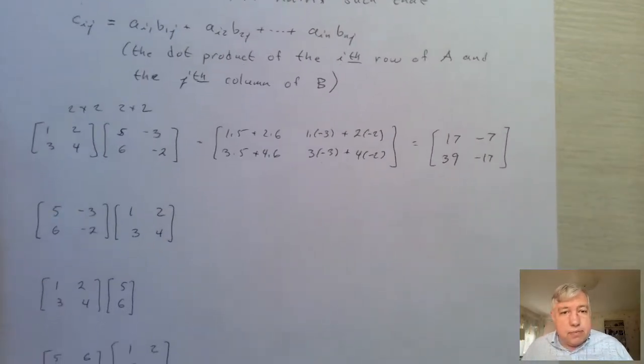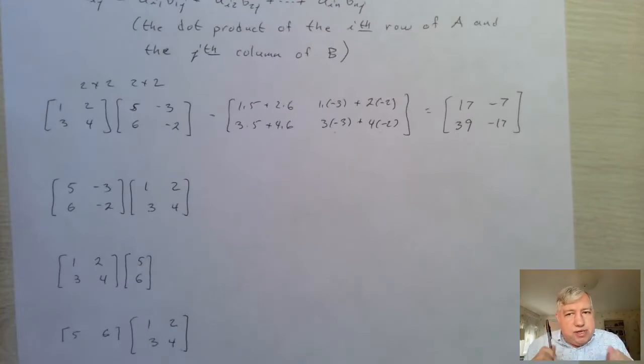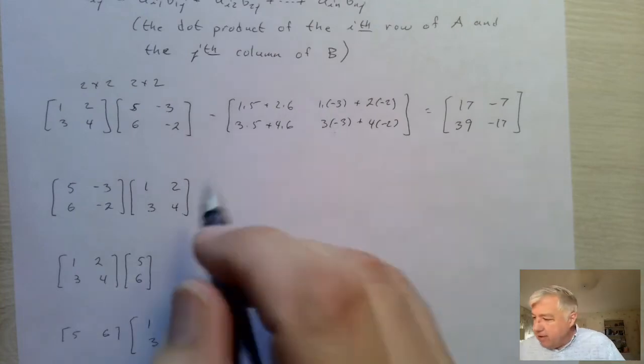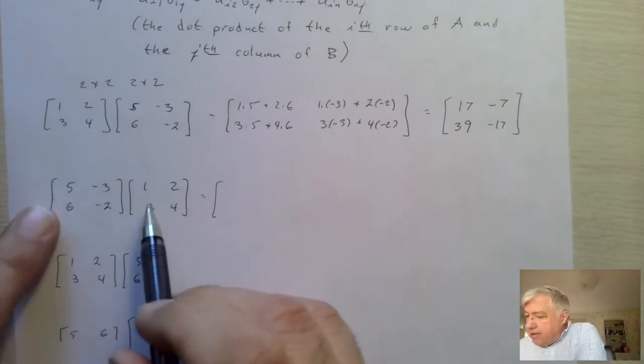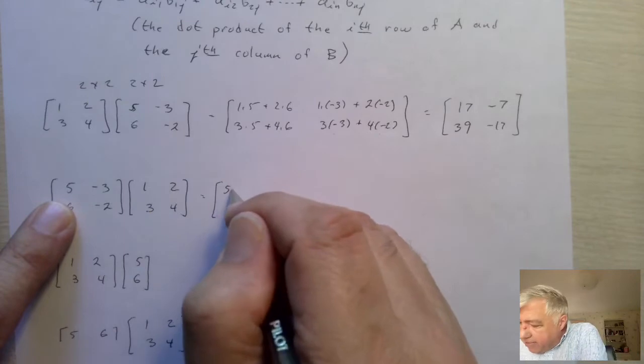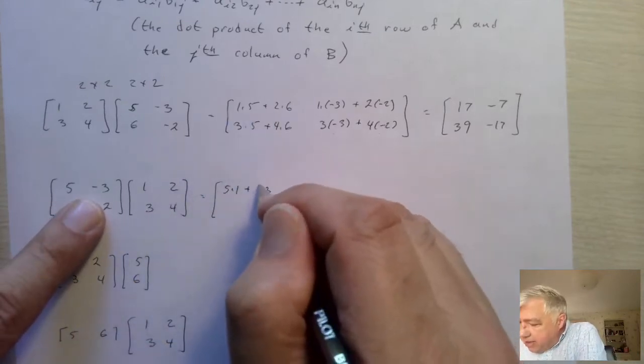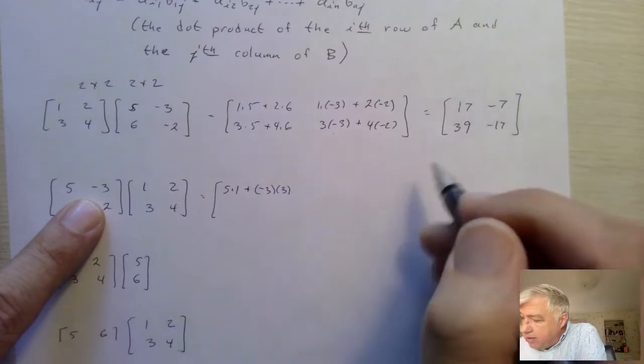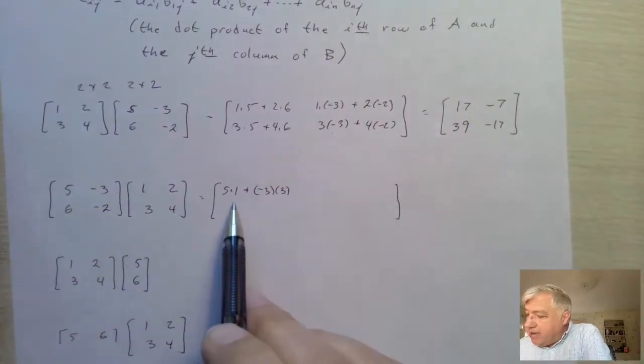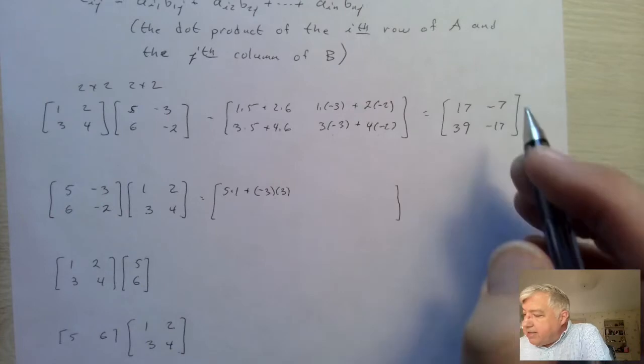All right. Now, let's switch these matrices around and see if we get the same results. And spoiler alert, we're not. Here, in this case, first row, first column, we get 5 times 1 plus negative 3 times 3. Well, already we can see that this is going to be 5 minus 9.